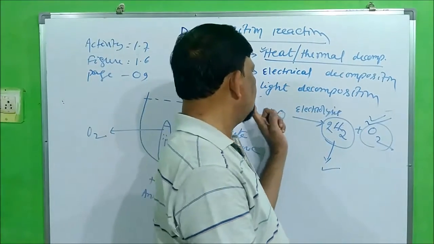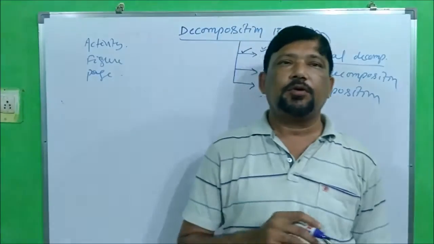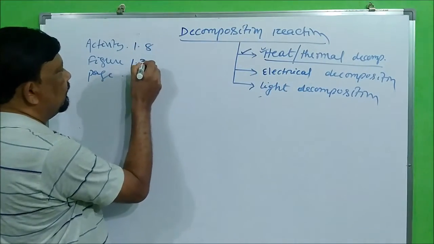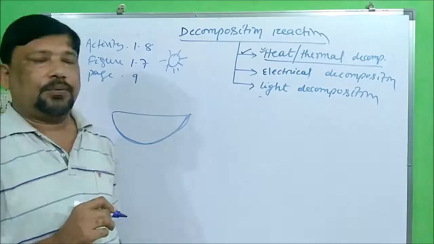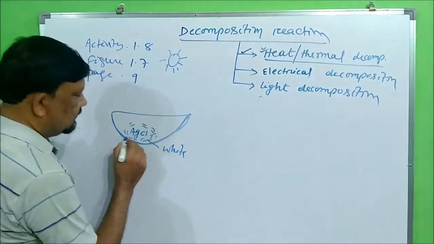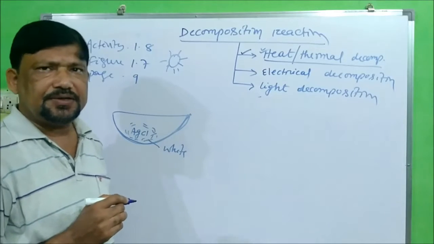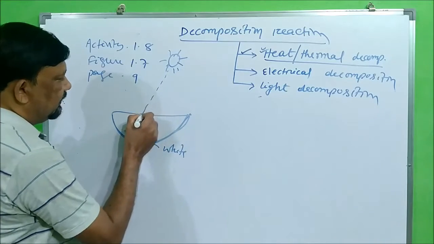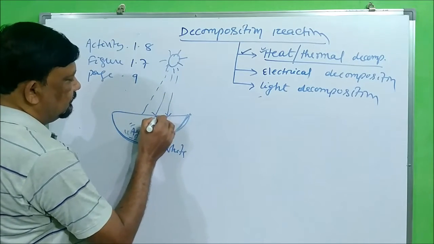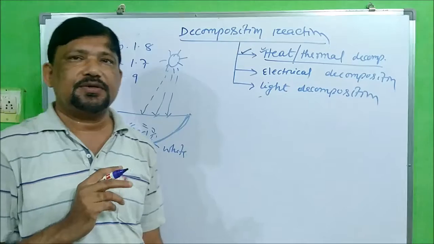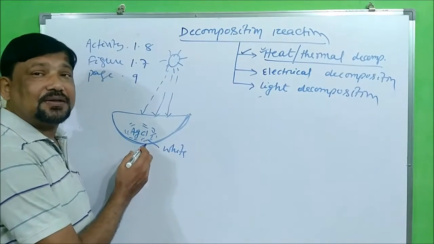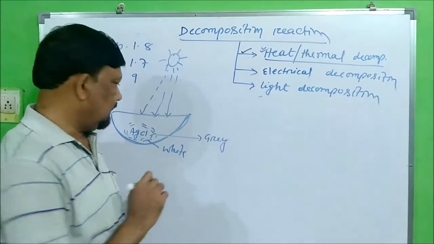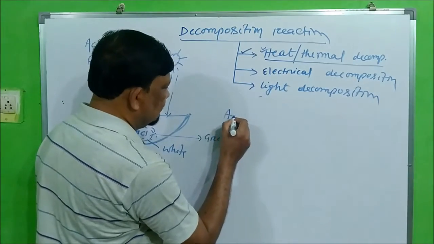Next one is light decomposition. See your book, activity number 1.8, figure number 1.7 and page number 9, where one petri dish is there. In that, silver chloride crystal is taken, which is white in color. Clear? Now it is kept in sunlight for a few hours, and you will see that this white silver chloride crystal changes to gray color, because a chemical reaction occurs.